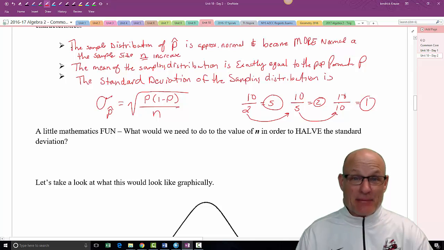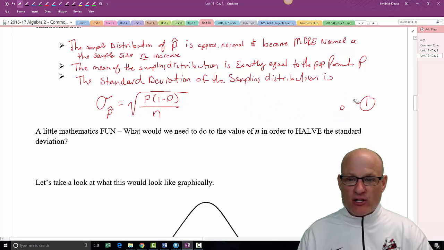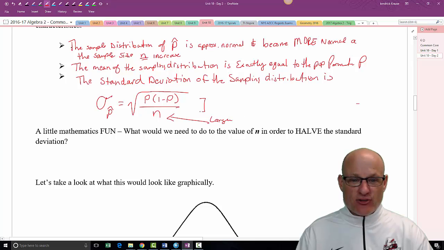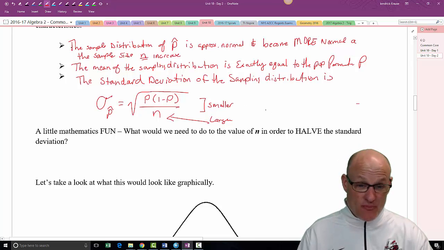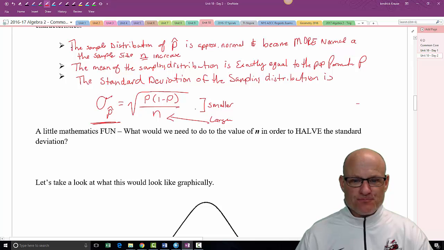As you divide by a larger number, the fraction gets smaller. Well, think about it. Does that make sense with what we've talked about already? As n gets larger, doesn't this fraction get smaller? And if you take the square root of that small thing, it's small. So as n gets larger, my standard deviation is going to get smaller.